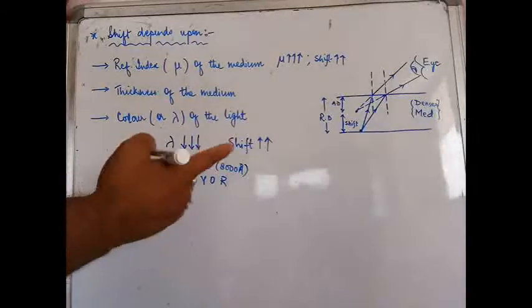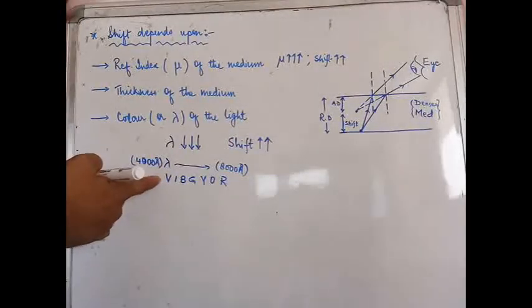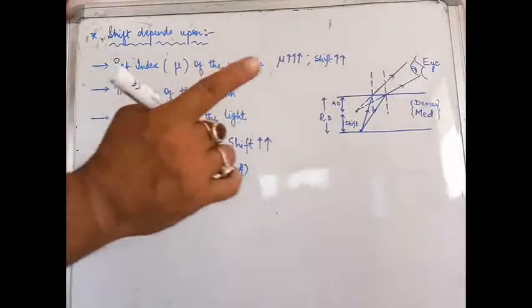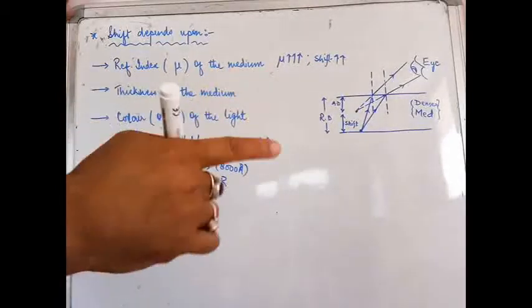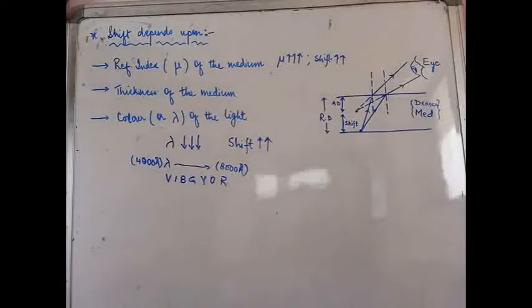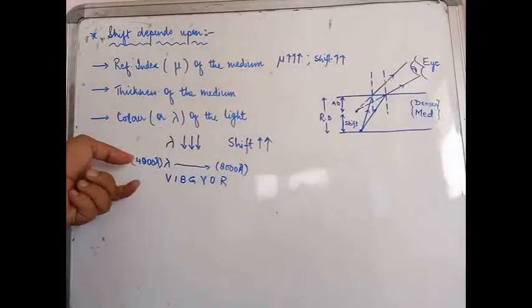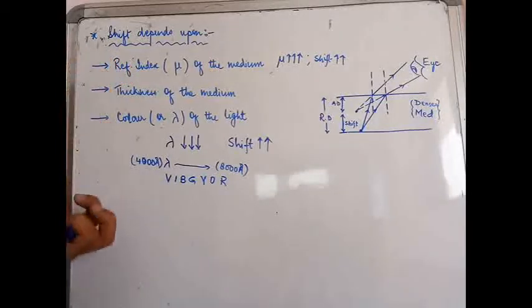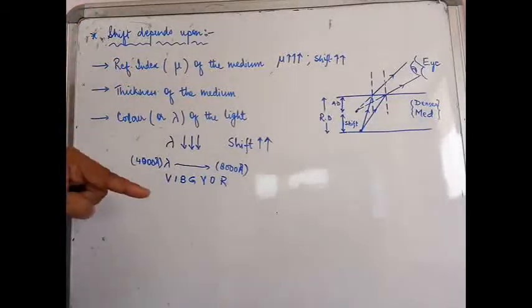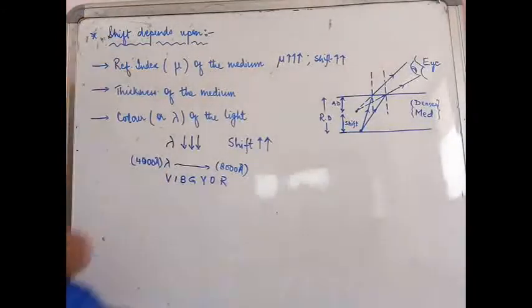As you can see, the lambda value for violet was the lowest, but remember, violet was the one that was bending the most, because as long as a color has a very low wavelength, it will correspondingly have a high refractive index. For ease of remembrance, lower the value of wavelength, more is the refractive index.